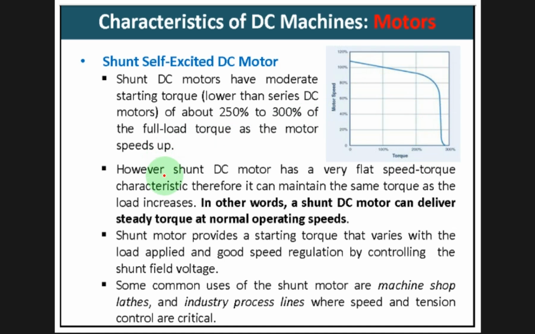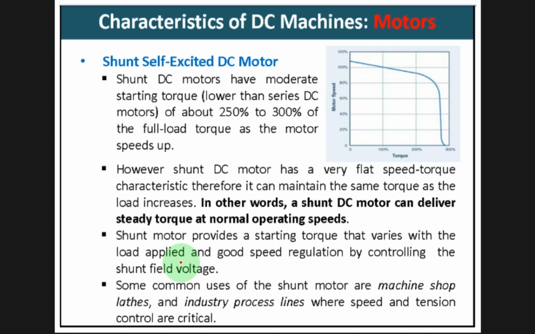However, a shunt DC motor has a very flat speed torque characteristic, almost flat. Therefore it can maintain the same torque as the load increases. So in other words, a shunt DC motor can deliver steady torque at normal operating speeds.